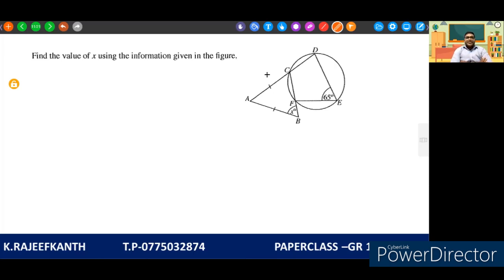And in an isosceles triangle, if two sides are equal or two angles are equal, we can call that triangle an isosceles triangle. Then opposite angles of equal sides are equal. Now we are going to find the value.